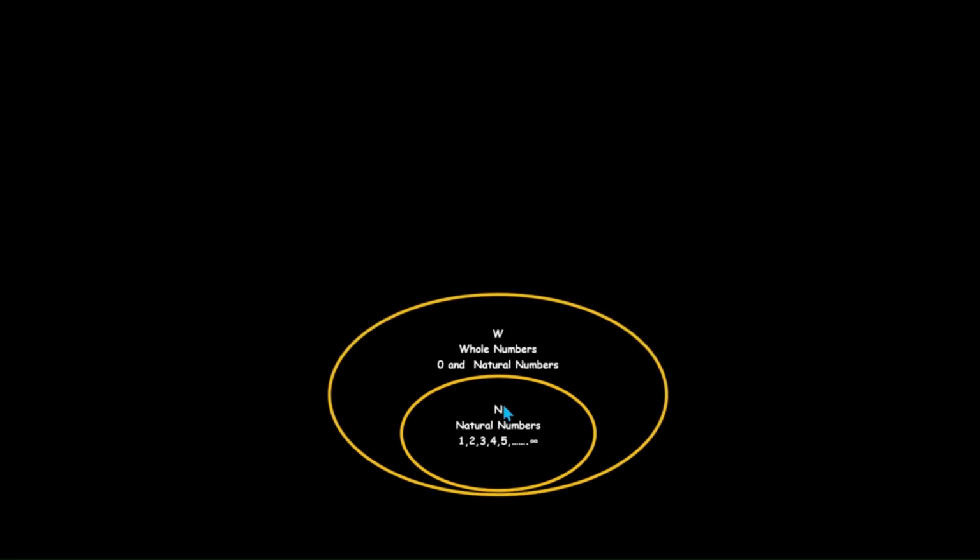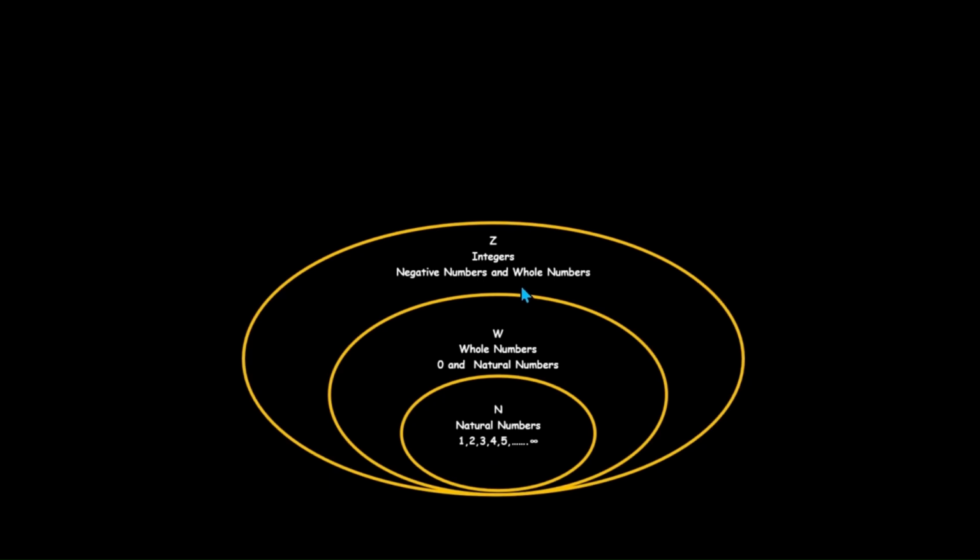Let's try to put the classification of numbers from a different perspective. As we discussed just now, natural numbers start from 1 and go up to infinity. And it's a subset of whole numbers, which start from 0 and go up to positive infinity and, in effect, contain all the natural numbers. And whole numbers become a part of integers, and integers contain negative numbers as well along with whole numbers.